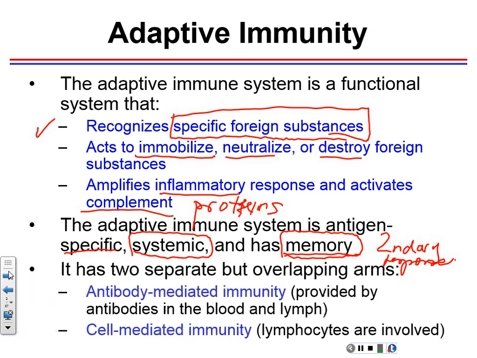There are two types. You have the antibody-mediated system, where you produce plasma cells from B cells, and then you produce a whole bunch of antibodies that are specific to that particular microorganism. So this is antibodies, all right?